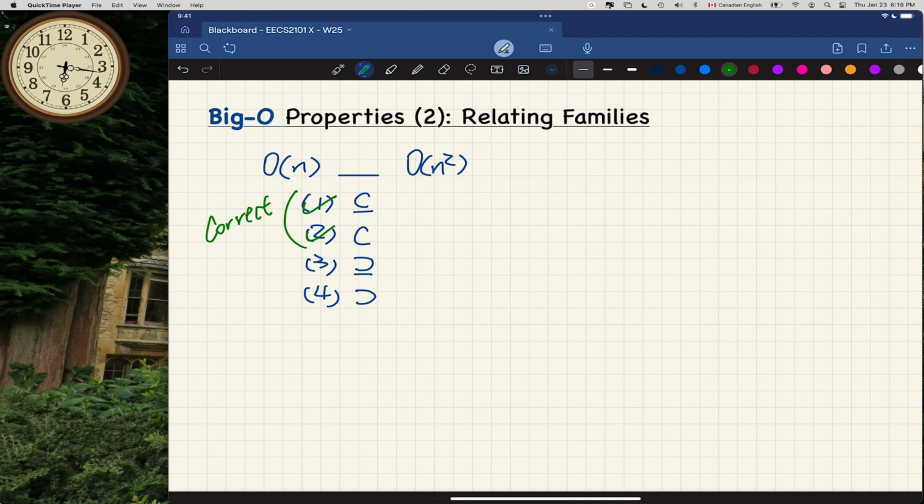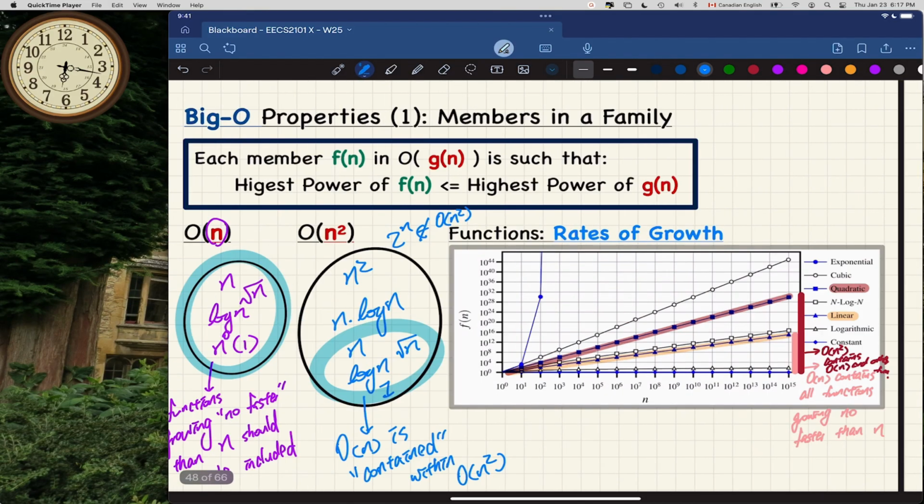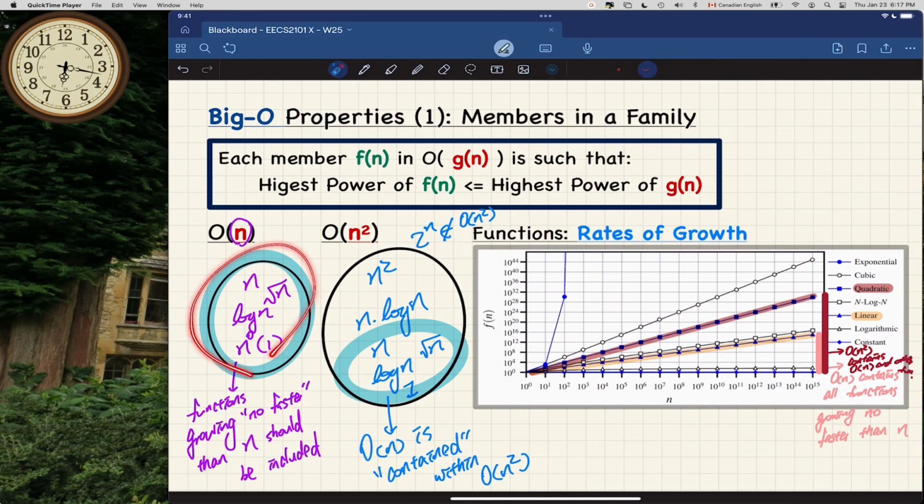If you say 1, think about what's happening here. If you say 1, you kind of implicitly imply that it's possible that these two sets are exactly equal to each other. Can that ever happen? Not really, because remember we said earlier, if you compare these two sets over here, at least these two types of function, they only belong to this but not that.